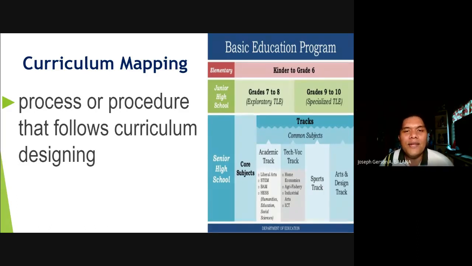Now, what you're going to do is to link that design to the actual implementation phase or stage. Now, from design to implementation, you have to do some sort of bridging so that the design will be articulated and realized or actualized in the taught curriculum level through the curriculum map.